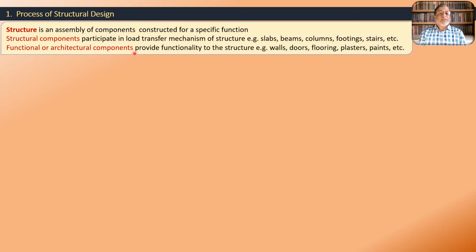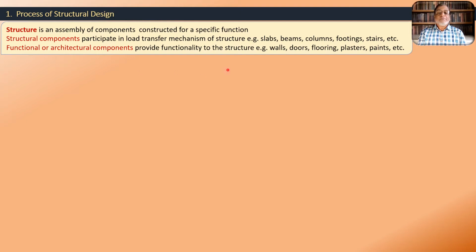These components are non-structural. That means they do not take part in the load transfer mechanism of the structure, but they provide functionality to the structure, or they are directly related to the purpose for which the structure is designed or constructed.